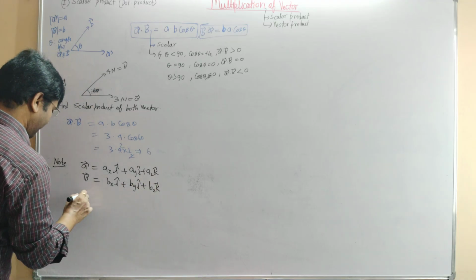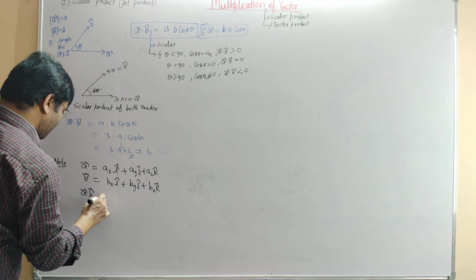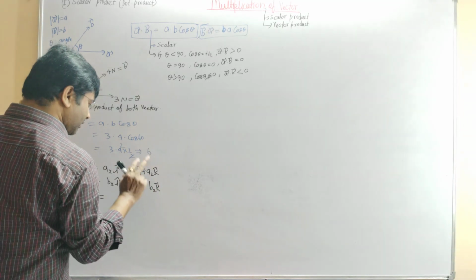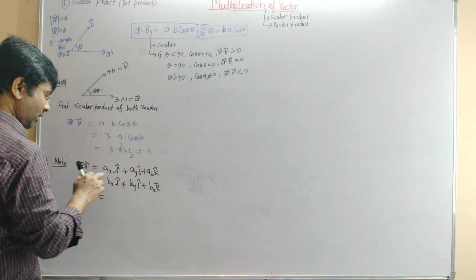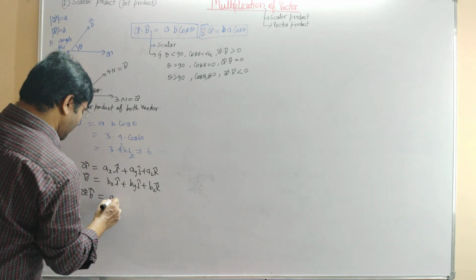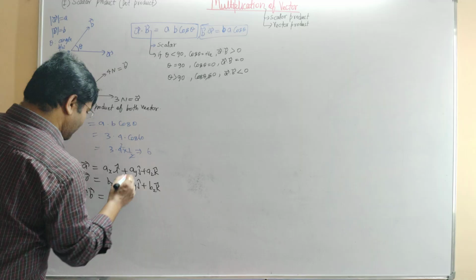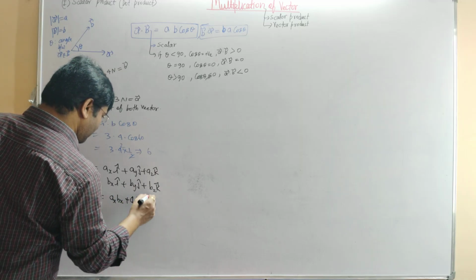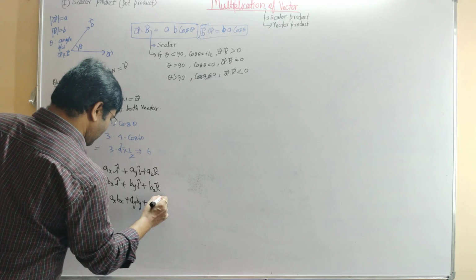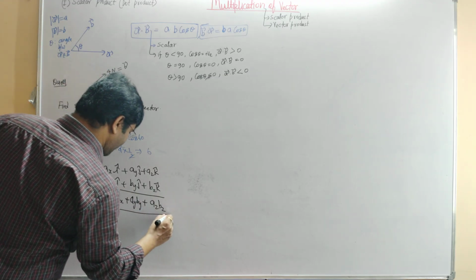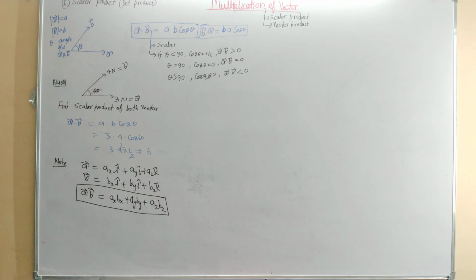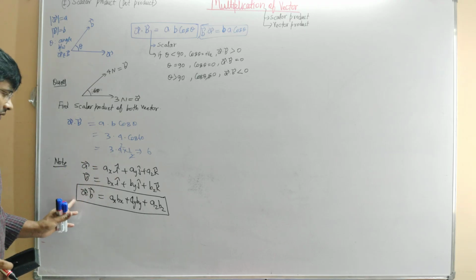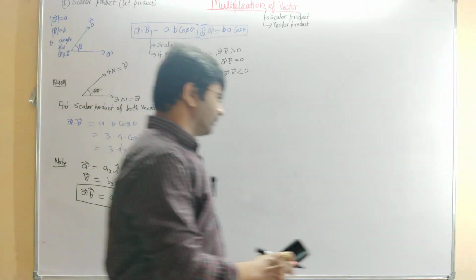If I want to find the dot product, how will it be? If I multiply i and j, it will be 0. i and k is 0. Only i and i will be 1. So we get ax bx, plus ay by, plus az bz. So I get the dot product of two vectors like this. When two vectors are given in Cartesian form, this is how we get the dot product.